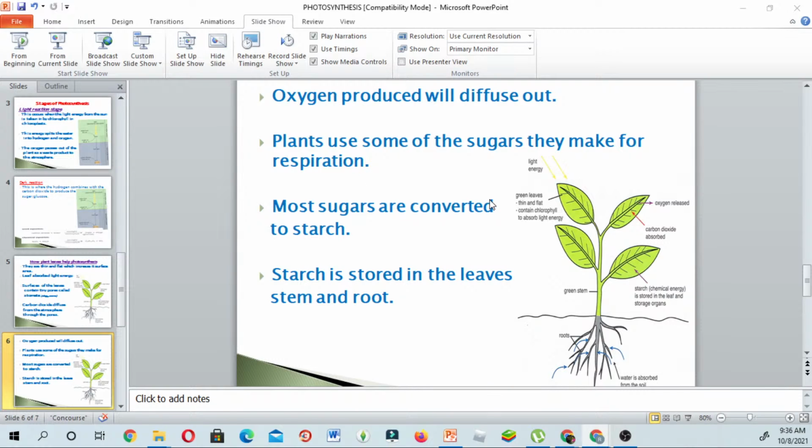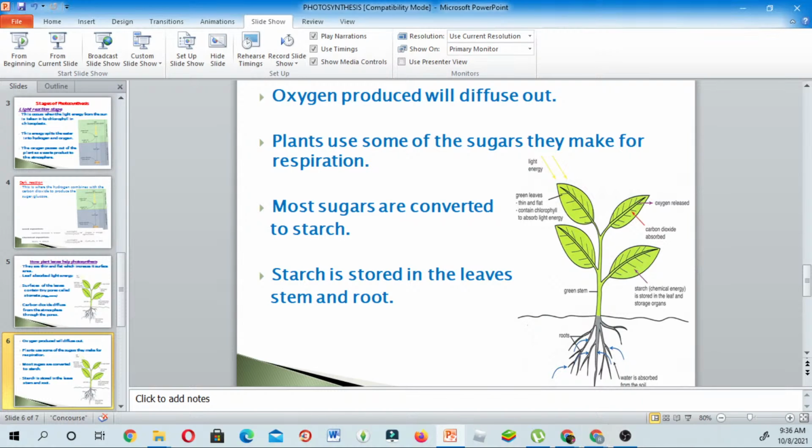Alright, so oxygen diffuses out. Plants use some of the sugar they make for respiration. So they are saying that most sugar is converted to starch, which of course is a complex carbohydrate.